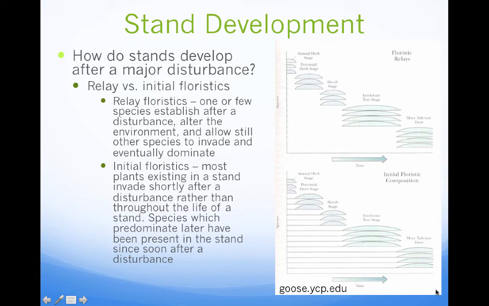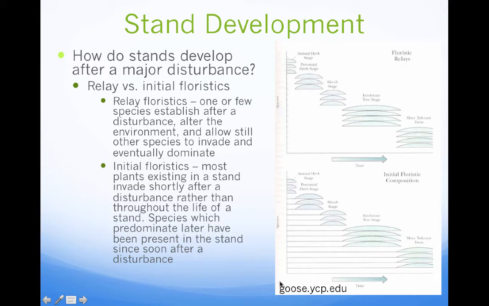This is where most plants existing in a stand invade shortly after a disturbance rather than throughout the life of the stand. Species which dominate later have been present in the stand since soon after the disturbance. The idea is that all the seed, all this material, all the advanced regeneration, has been present since right after the disturbance.